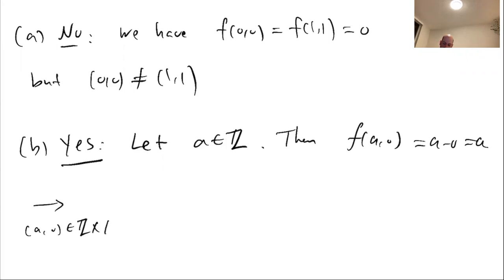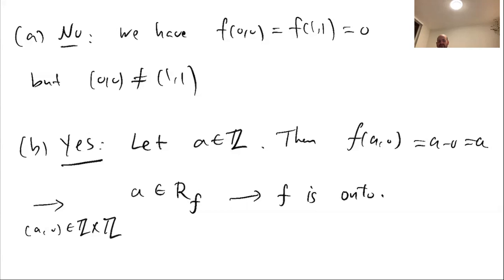Because it is in Z cross Z. So that means A belongs to the range of f, and that means f is onto. I took an arbitrary element in the codomain and showed that at least one element in the domain is going to be mapped to that element A, which means my function is onto.